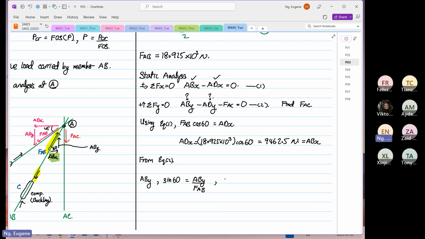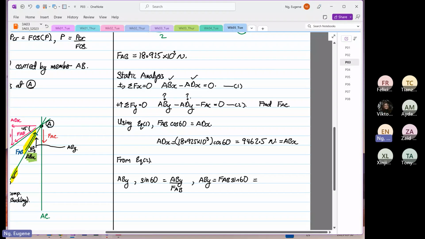So ABY is equal to FAB sine 60. Okay, so FAB is equal to 18.925 times 10 to the power 3, and then we have sine 60.